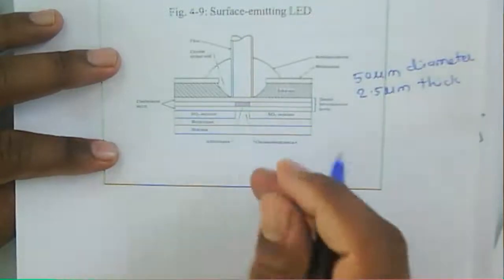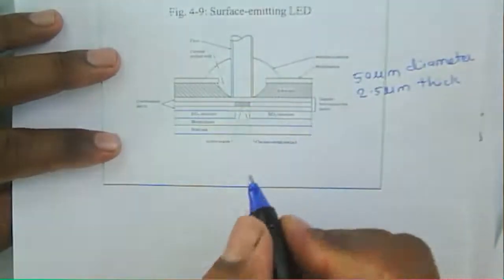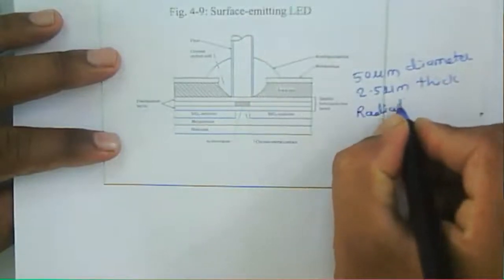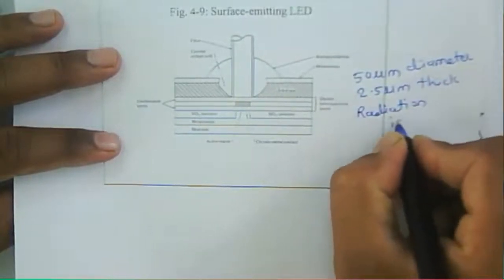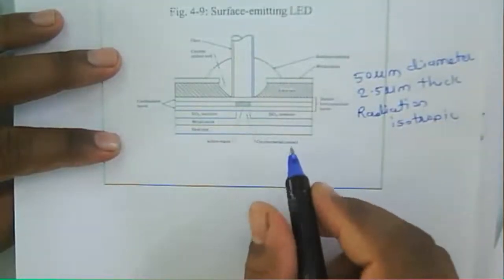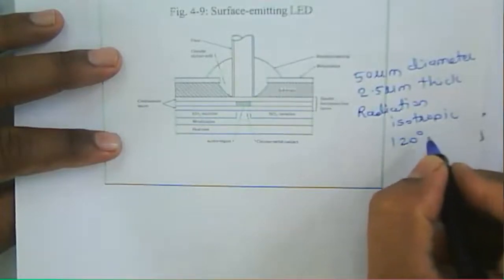And the emission pattern is generally isotropic radiation. In isotropic radiation, the emission will be isotropic here, and it has a 120 degree beam width.